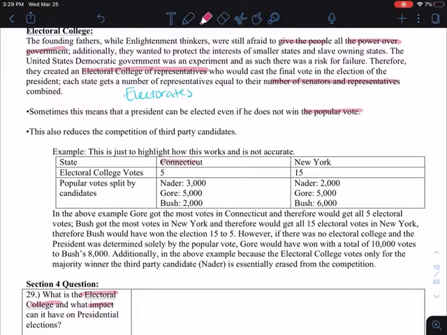So if we look at Connecticut versus New York here, I like this idea. You've got 5 for Connecticut, but 15 for New York. Here, you can see that Gore won more votes, but Bush won more electorates in the Electoral College, and that is one of the reasons that he won the election.